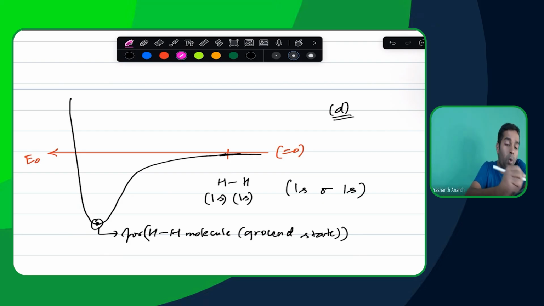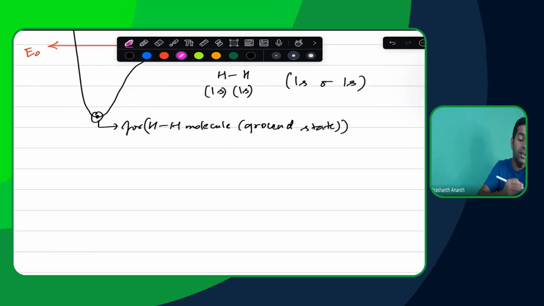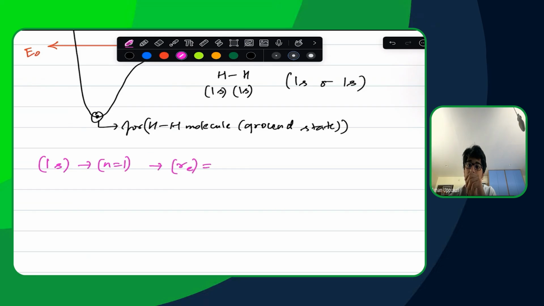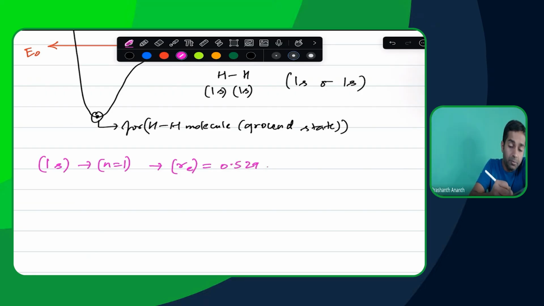So if it's going to be a 1s sigma 1s, then in that particular case, the first shell 1s is going to be, of course, n equal to 1. What is the distance of the electron in this particular case? 0.529 angstrom. Correct?